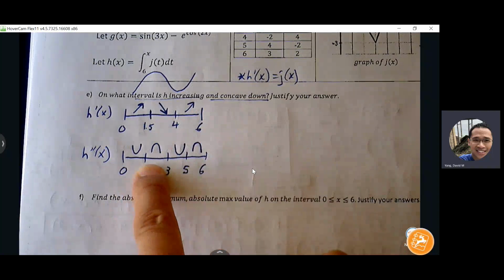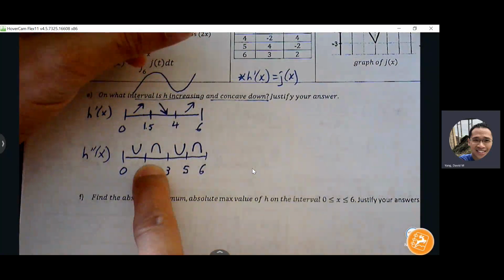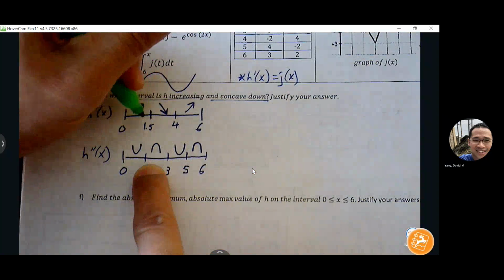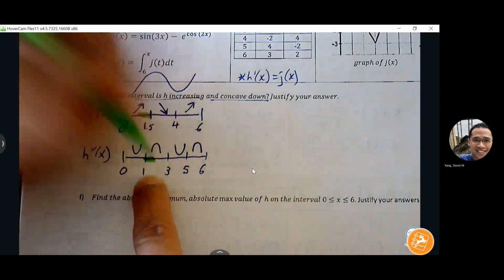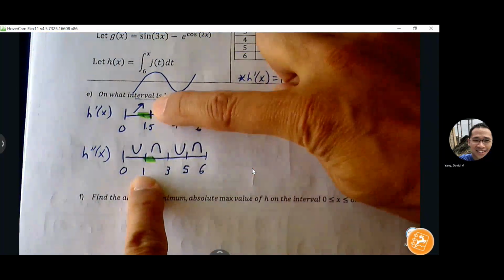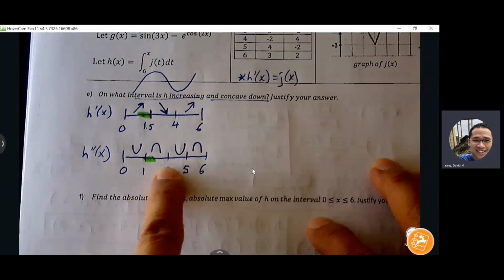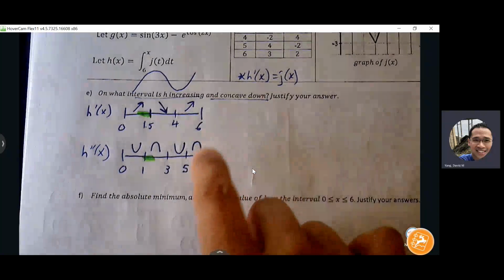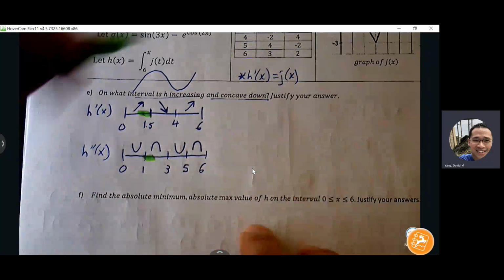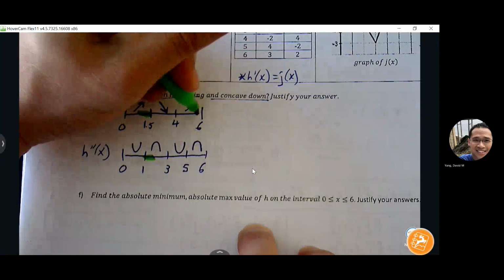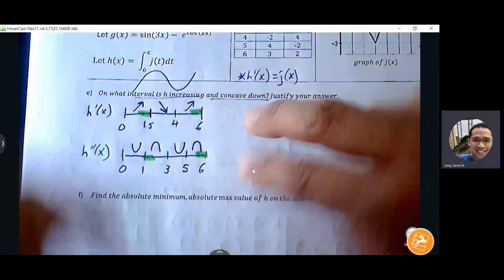So that's going to be between 1 and 1.5, right? Okay. So this interval here. Right. Increasing and concave down. Okay. Where else do you see increasing and concave down? Okay. From, yeah, 5 to 6. So increasing here, but yet also concave down.